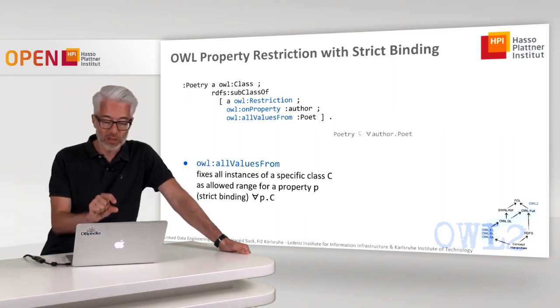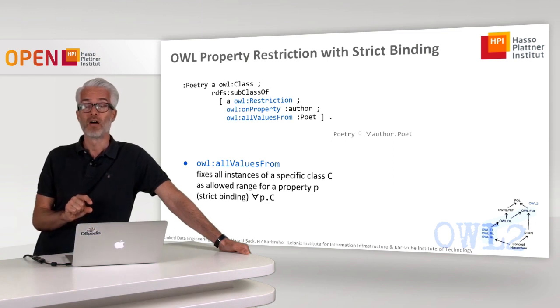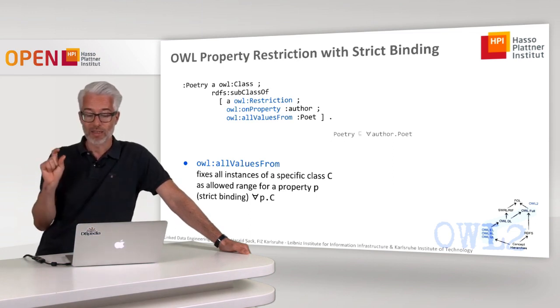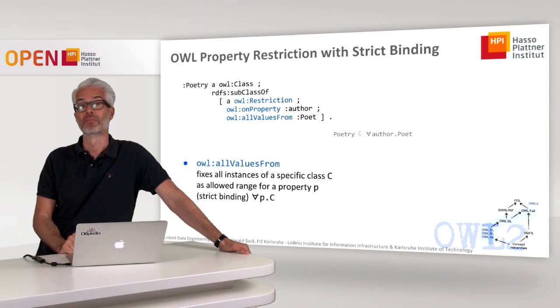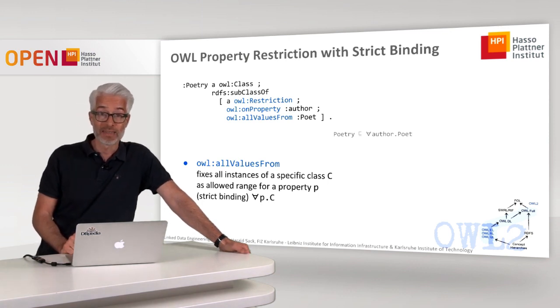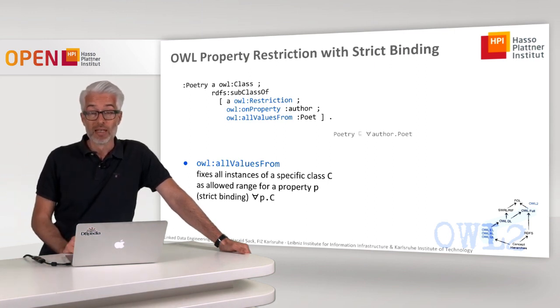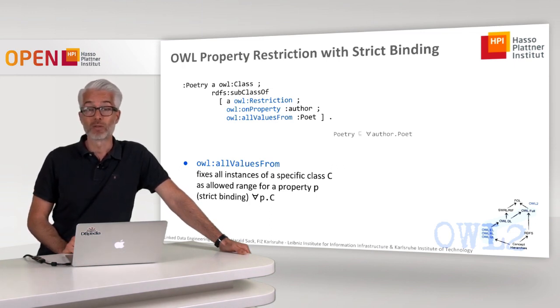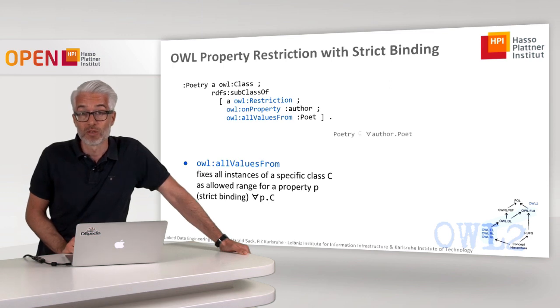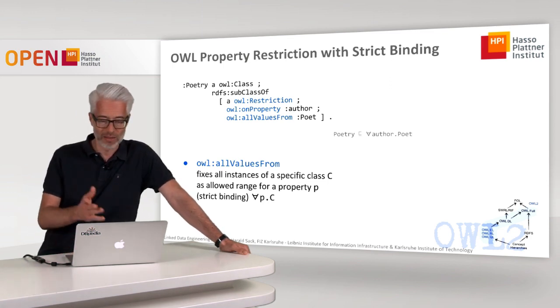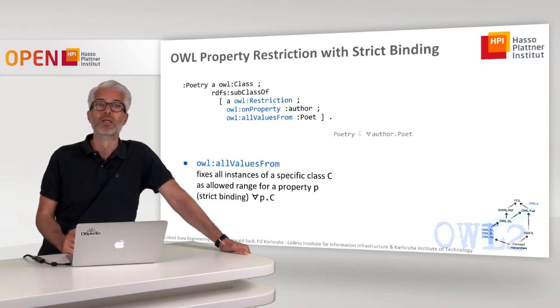I define here poetry as being a subclass of something which is authored only by a poet. So all members of the class must have the property author, and the range then must be, the individual which is connected to must be of the class poet. Only then it is poetry. So poetry is always written by an author. This is the way how you read that.